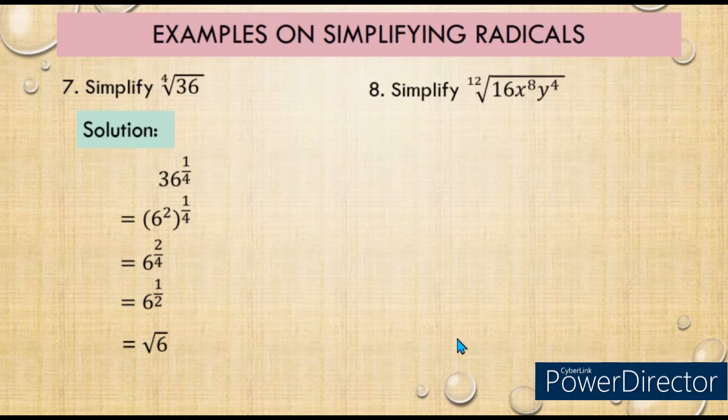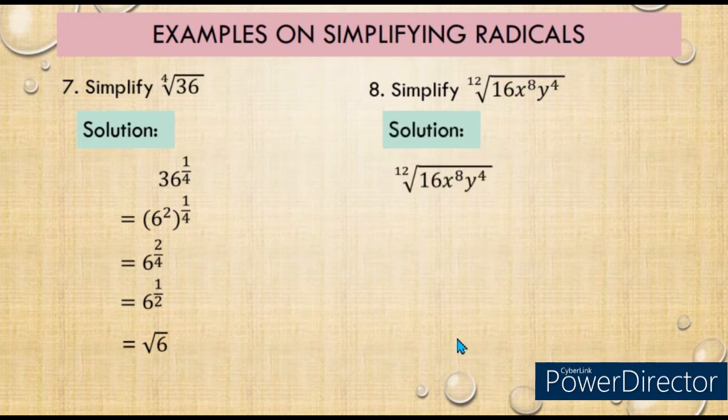Okay, next one, we need to simplify the 12th root of 16x raised to 8, y raised to 4. Okay, so first step, we need to write the radical in exponential form. So the exponential form of this expression is 16x raised to 8, y raised to 4, quantity raised to 1/12.